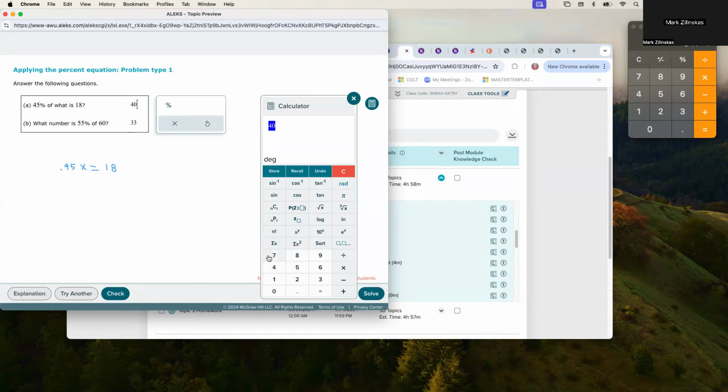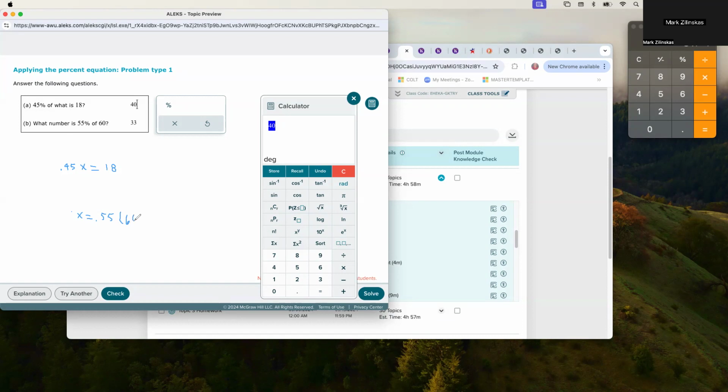And it says, what number is 55% of 60? So I'll write it out here: what number is, so I'll put an equal sign, 55%. Again, I'm going to go ahead and do the conversion here. 55% of 60, so I'm just going to multiply. This is supposed to be a parenthesis here.